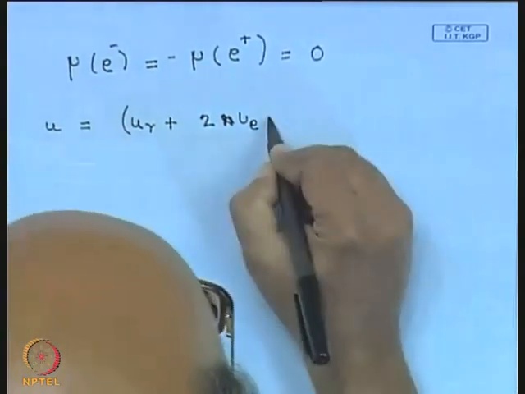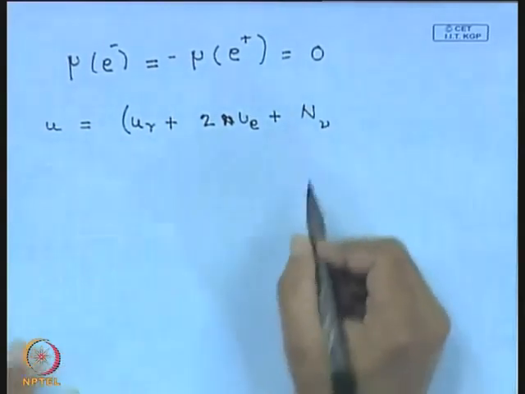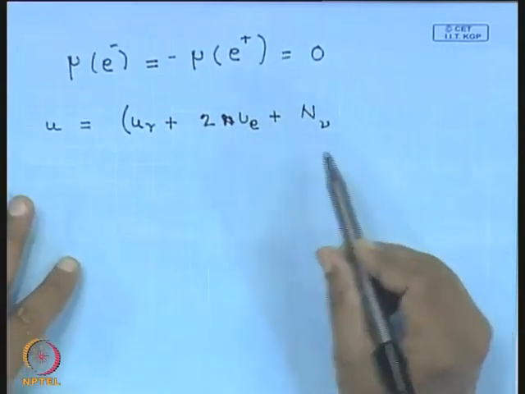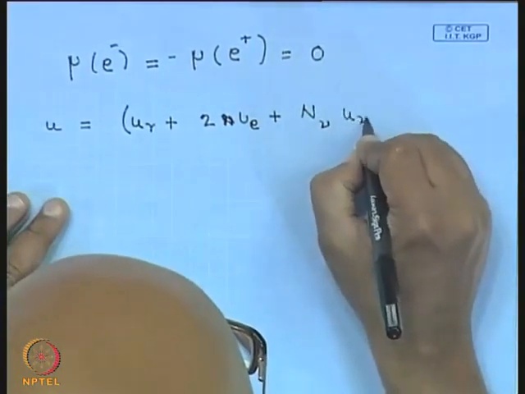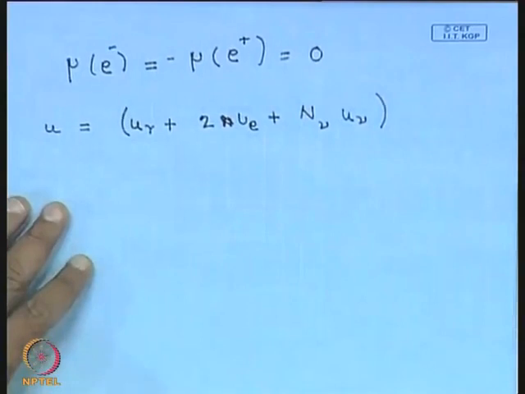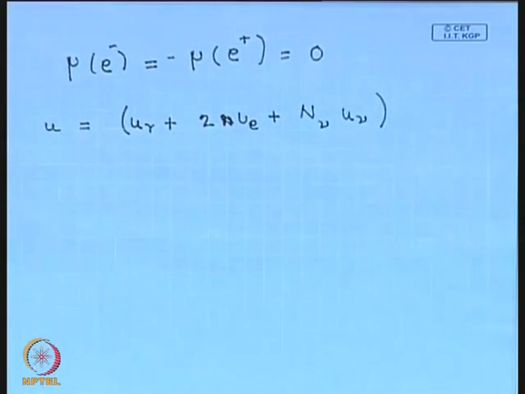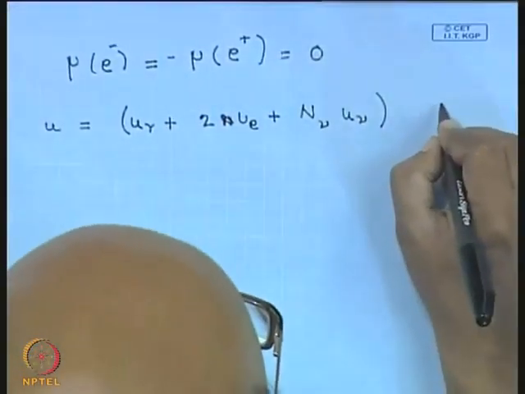And then if I have n species of neutrinos, n families of neutrinos, we now believe that there are 3 families of neutrinos, the electron neutrino, mu neutrino and tau neutrino, so n will be 3, into the energy density of each neutrino. Each neutrino kind has only 2 polarizations. So this is what we have at some early epoch. That's the energy density of the universe at some early epoch, and it has a temperature T.